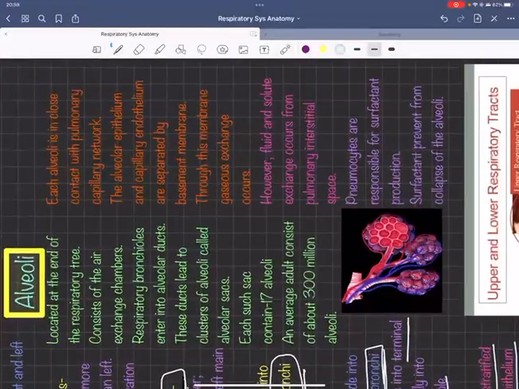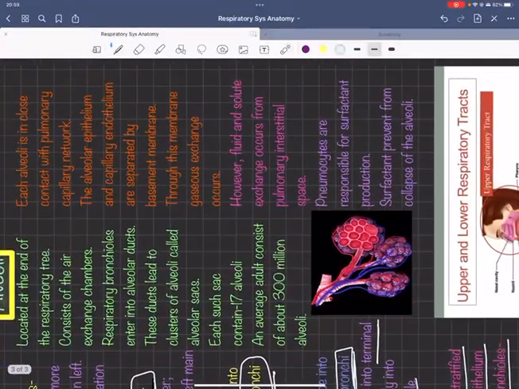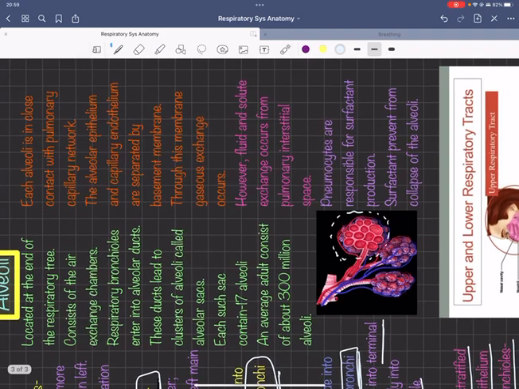Now for the alveoli, we know that alveoli are like air sacs that are present at the end of the bronchial tree, and consist of air exchange chambers. This is an individual air exchange chamber, and these form clusters into a large alveolar sac.